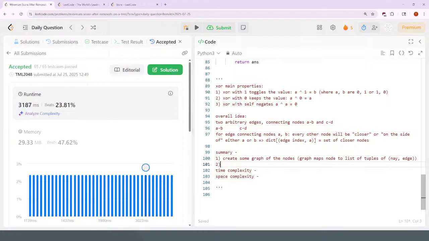Then, starting with leaf nodes, process nodes in a queue fashion.